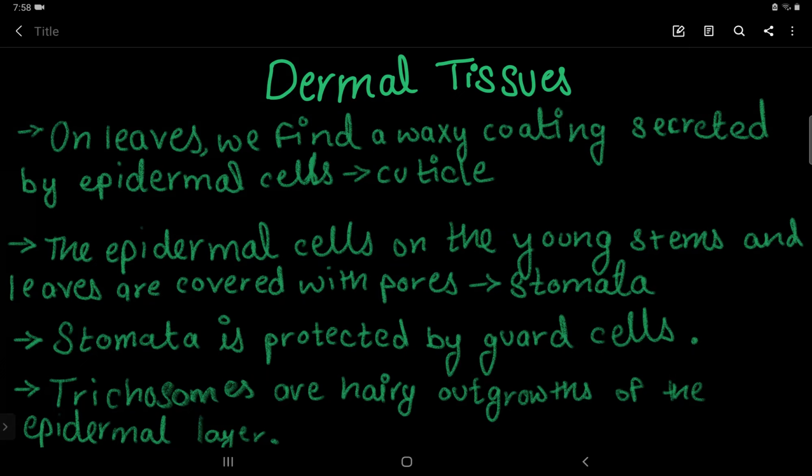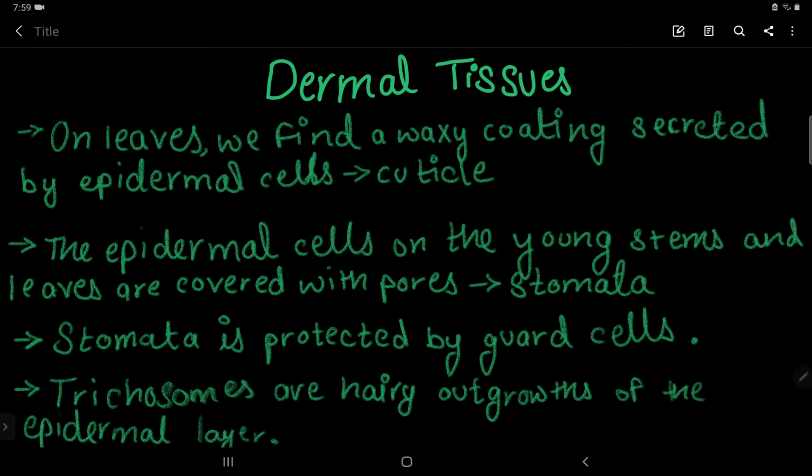The epidermis serves several functions: it protects against water loss, it regulates gas exchange, it secretes metabolic compounds, it absorbs water and mineral nutrients, especially in roots.